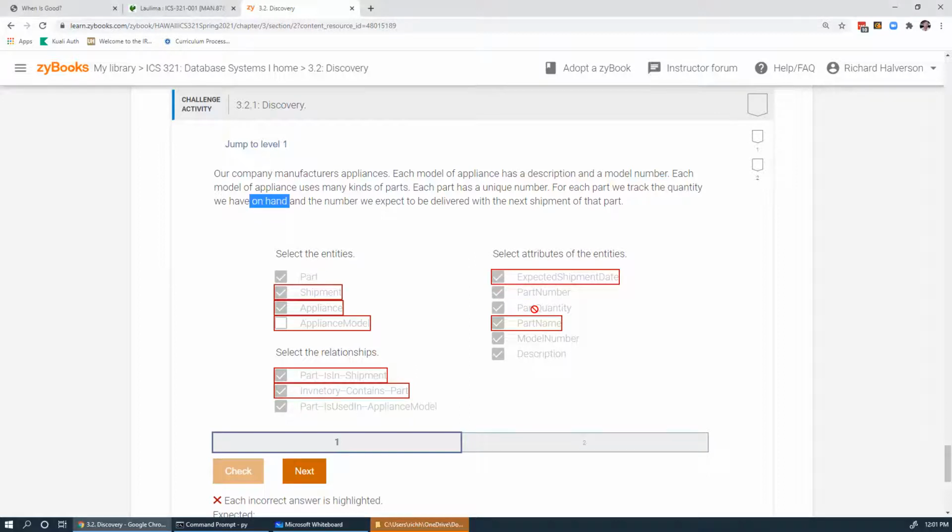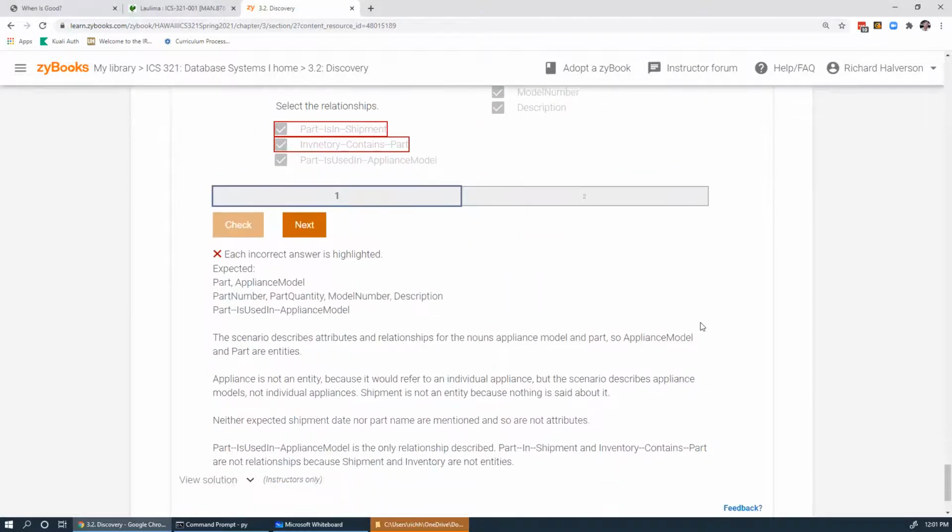Okay, so that's why part quantity is there. Appliance is not an entity because it would refer to an individual appliance, but the scenario describes appliance models, not individual appliances. Okay, great.